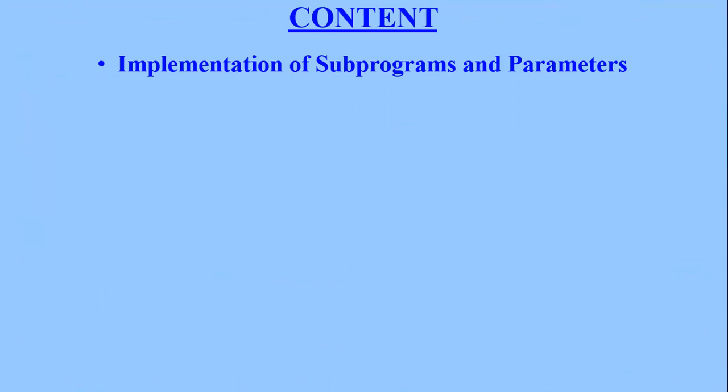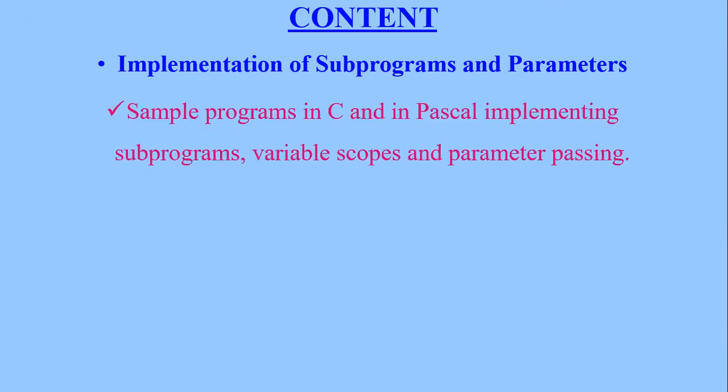After having gone through part 18 and part 19, this part 20 illustrates how to implement what you have learned in form of subprograms or in programs using C and Pascal. So in this presentation, I'm going to demonstrate sample programs in C and Pascal, implementing subprograms, variable scopes, and parameters.